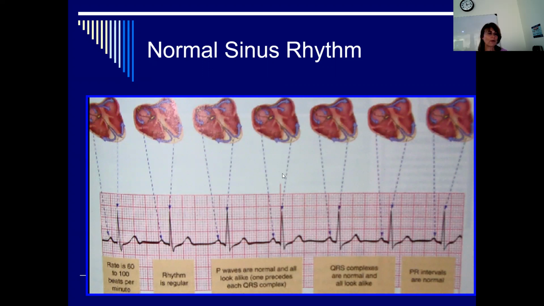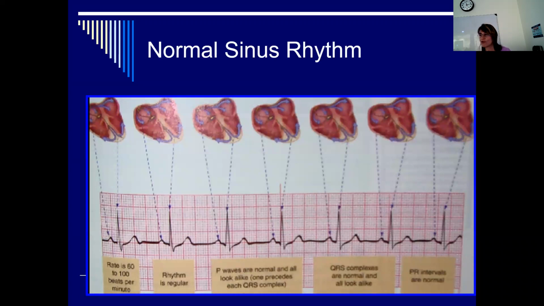Then we look at the QRS, beginning of the Q, or beginning of the R wave to the end of the S wave, and that should be less than 3 boxes. In here, it looks like 2 boxes, and they're all the same. So the QRS is normal. So the normal rate, it's a regular rhythm. We've got P waves. Our PR interval is normal. QRS is normal. We call it a normal sinus rhythm.